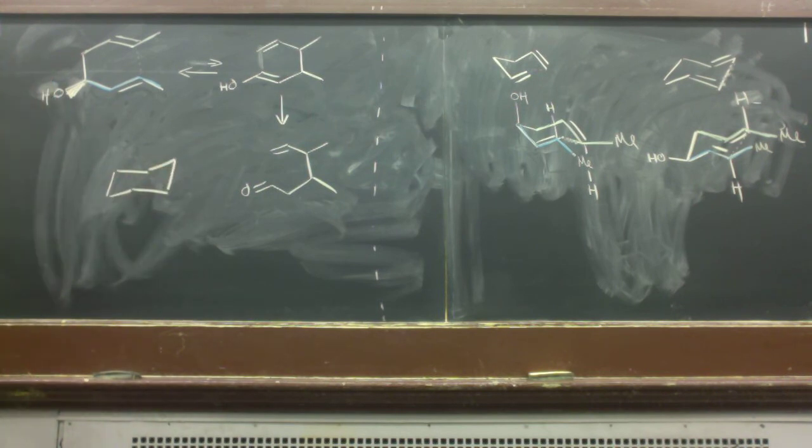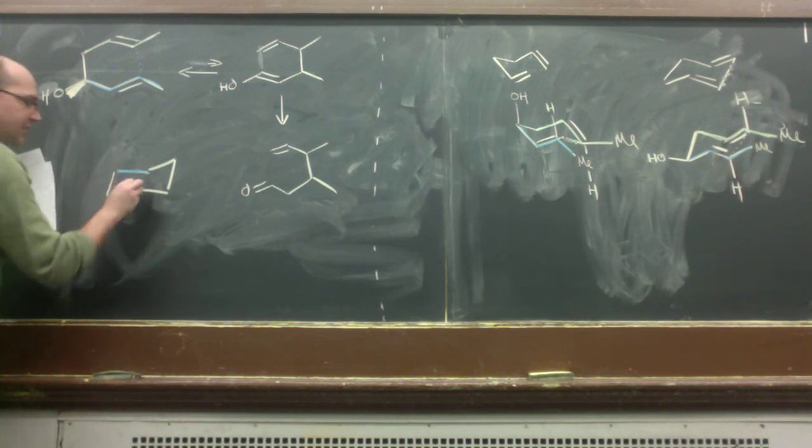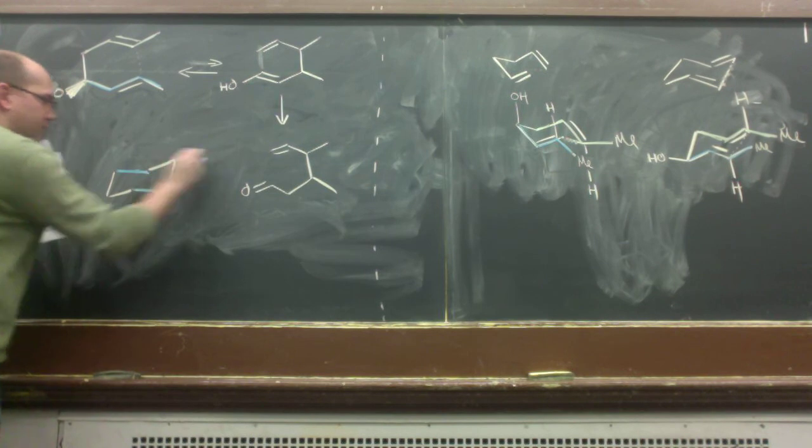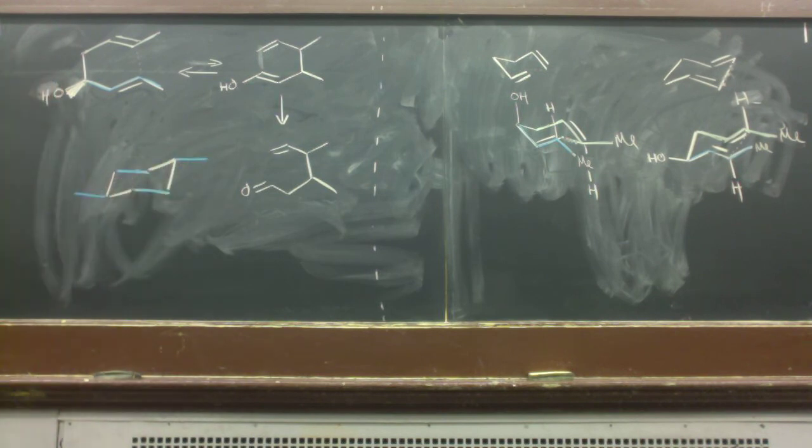What a chair conformation really is, is a set of parallel lines. So you've got these parallel lines here, and your equatorial is anti to those.